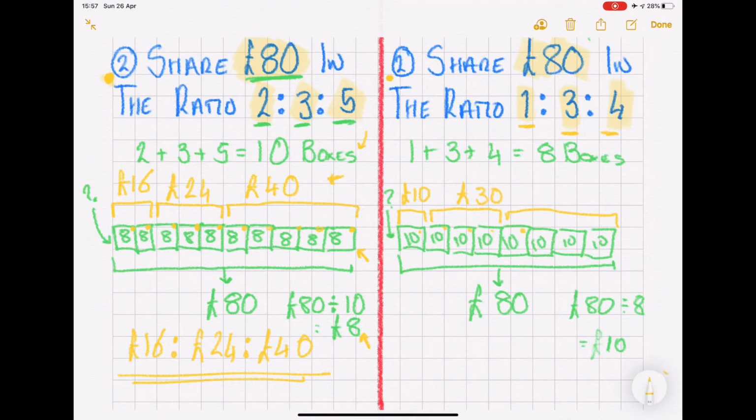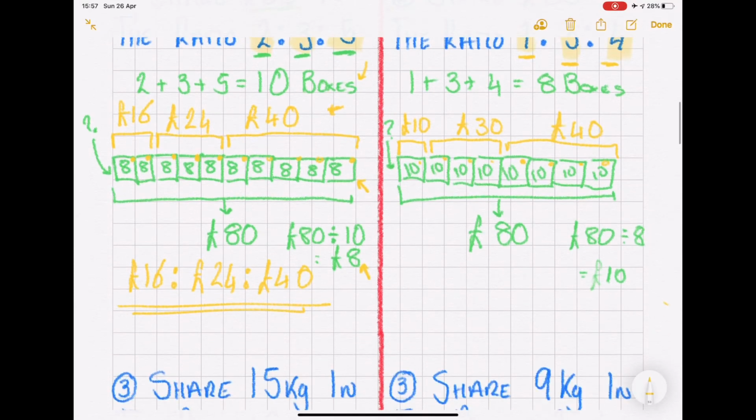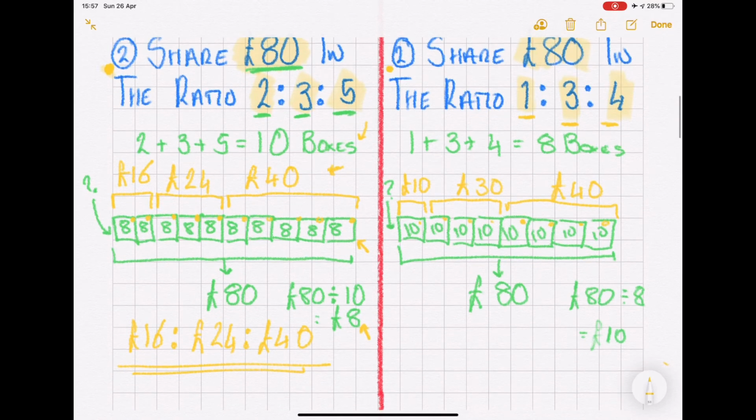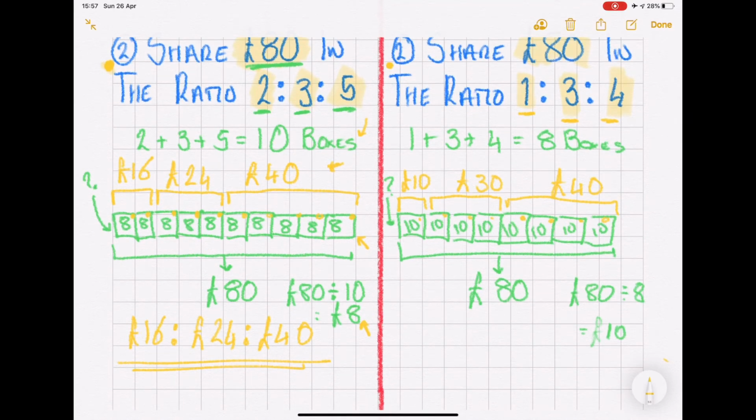And the worth of 4 boxes is £40. So if we share £80 in the ratio 1 to 3 to 4, we end up with £10 to £30 to £40 as our final answer. Fantastic. If you got that, give that a few ticks like that. Well done.